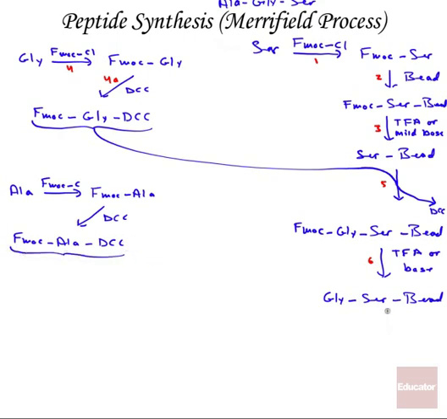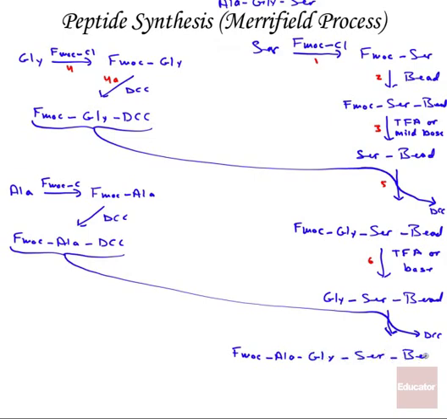I'm going to take that. That becomes the reagent for this one. DCC leaves the procedure. This is going to react with this. And what I'm going to end up with is the following. I have to write it over here, FMOC ala gly ser with a bead.